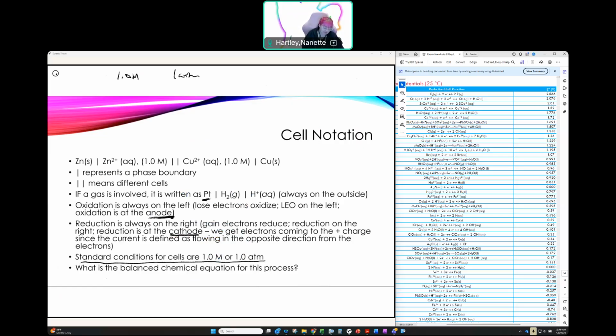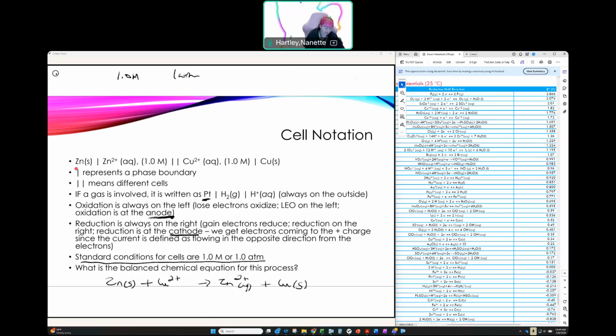So if we want to talk about the balanced chemical equation for this process, we have to think about the fact that we start with Zn solid, and that goes to Zn2+. That's one of my half reactions. The other half reaction, or reactant, is Cu2+, and that goes to Cu solid. Now, how do I know that?